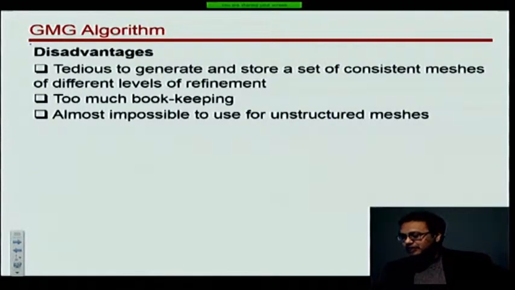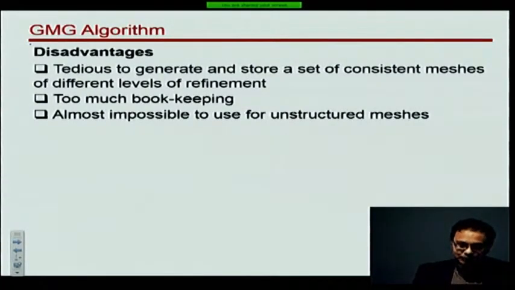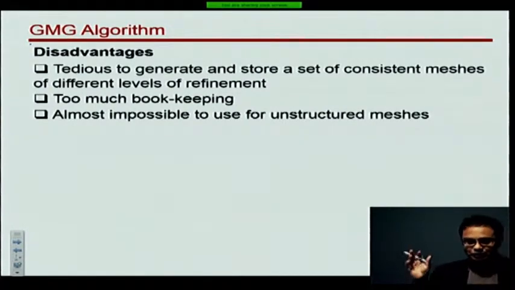One of the biggest ones is that you have to literally generate multiple meshes for the same problem, which is not always easily done. Meshes have to obey certain constraints so that you can seamlessly do the prolongation and restriction steps, in other words, the transfer of information between the fine and coarse meshes.